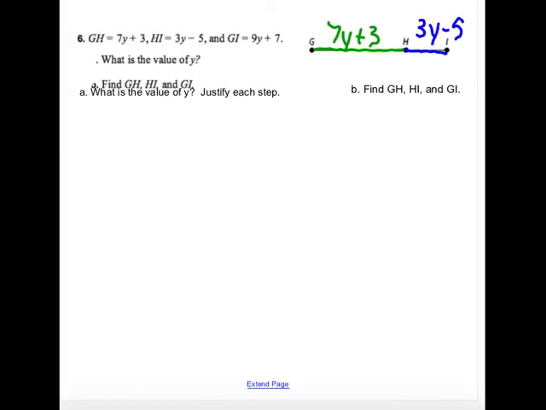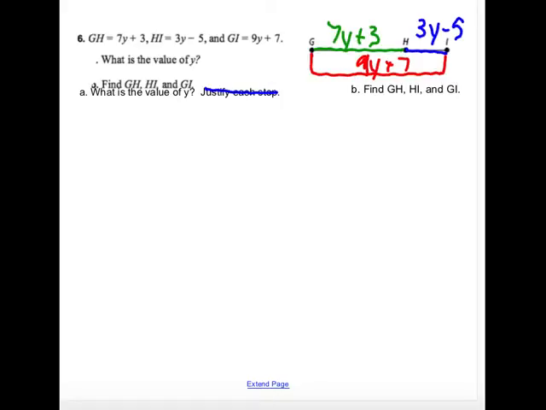And GI, the whole thing, is 9Y plus 7. Alright, so the first thing we're going to do is find the value of Y. But you'll notice we have this little thing that says justify each step. So we will do that.